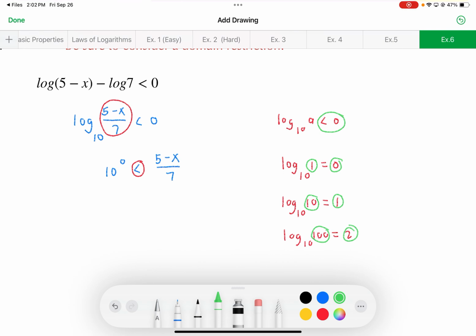Okay, so that means I need this argument of 5 minus x over 7, I need it to keep getting smaller, all right? So I need this to flip. And I need to make this now 10 to the 0 power is greater than 5 minus x over 7, which isn't that the same as saying 5 minus x over 7 is less than 10 to the 0? I need to get smaller. All right, now 10 to the 0 power is 1.